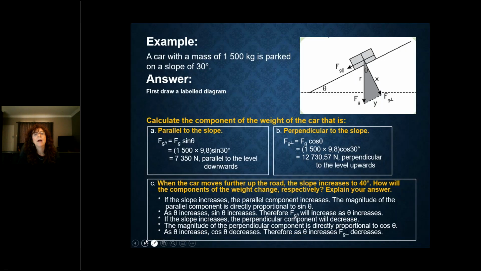Okay, if we look at the car with a mass of 1,500 kilograms parked on a slope of 30 degrees. Always draw your diagram, a labeled force diagram or a labeled free body diagram.